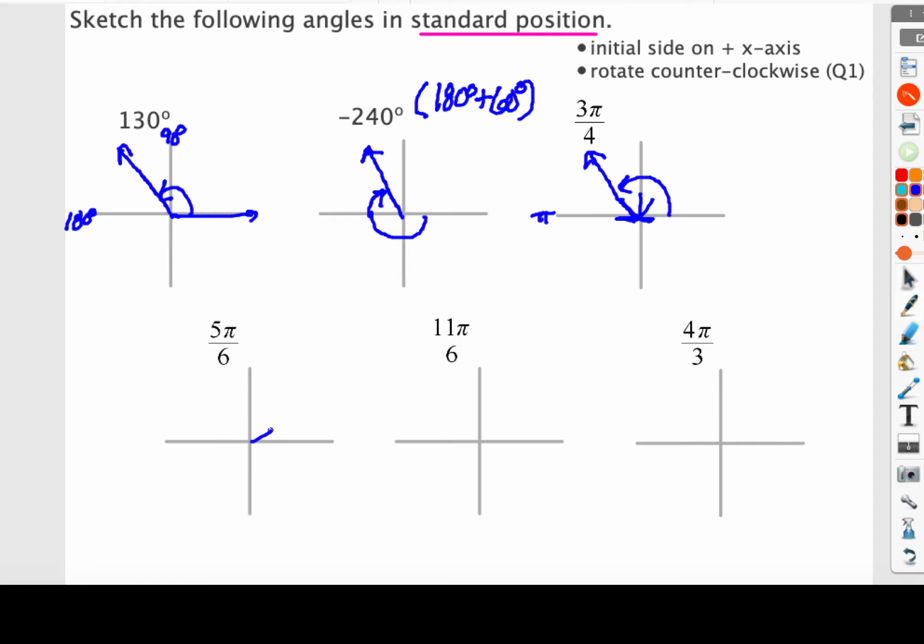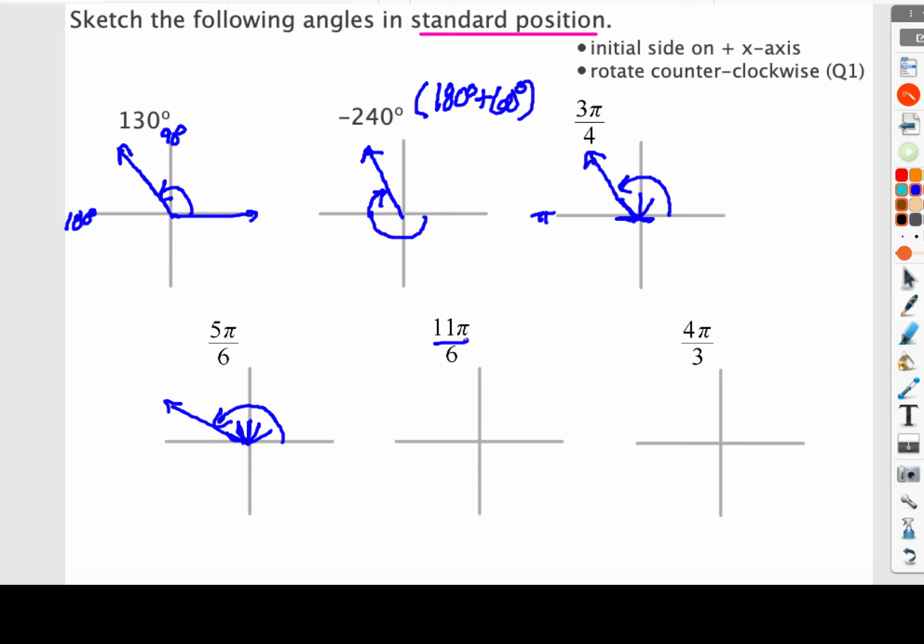Let's chop it into 1, 2, 3 sixths, which is perfectly 90 degrees. 4 and 5, and we're going to be 5 pi over 6. We're going to be out this direction, right? Pi over 6, remember, being 30 degrees, so we're about 30 degrees short of 180 this time.